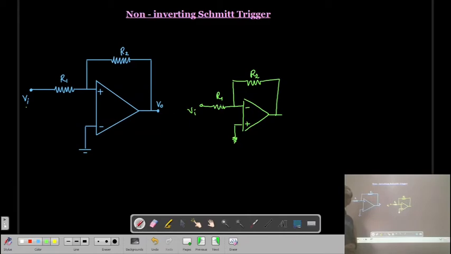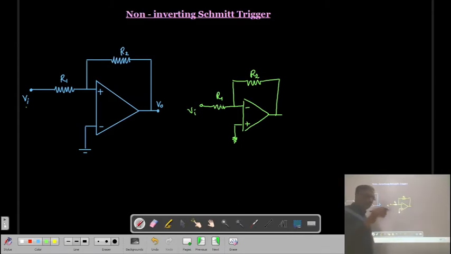Inverting amplifier means what? When the input voltage is positive, output is negative, there will be a 180 degree phase shift. And we have provided a negative feedback from output to the inverting terminal of the operational amplifier.